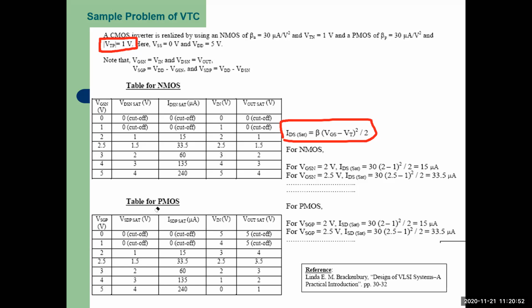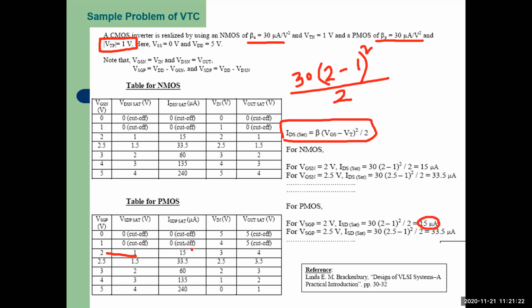So let's put this one. 2 minus 1, 1, whole square into beta. Which beta? This beta or this beta? The P beta. So whatever the value, you have put it here and divided by 2. So you will get 15. Again, you are getting 15.